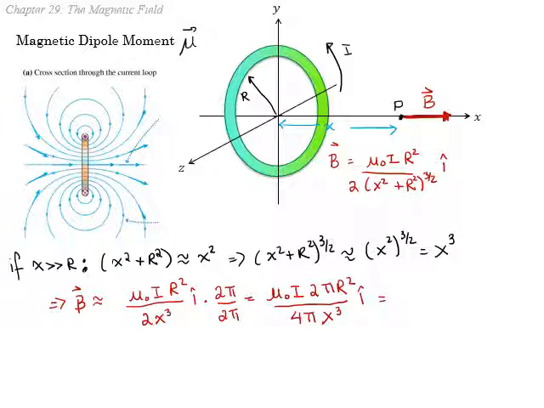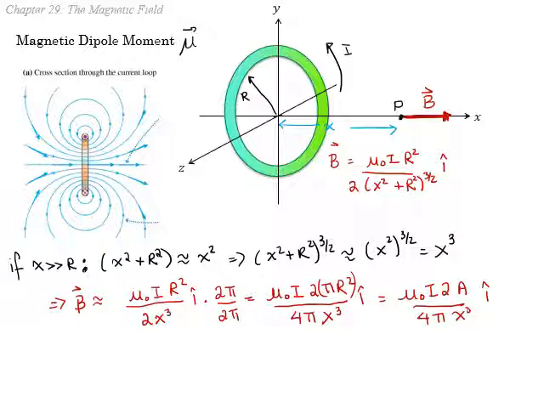So 2 pi times r squared is 2 times pi r squared. Pi r squared, that's the area of our circle, or the area of the loop. So mu naught times I times 2 times A over 4 pi times x cubed in the x direction.